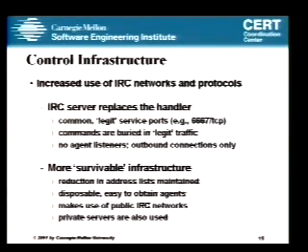Intruders are developing tools that center around IRC servers and IRC networks as the handler portion, and that has several ramifications. Whereas the communications in something like Trinoo or Stacheldraht was customized protocols running on non-standard ports, now the communication channels are buried within legitimate traffic.